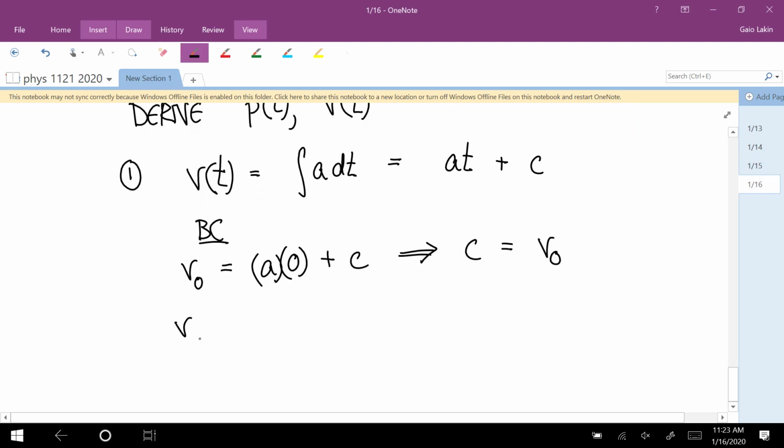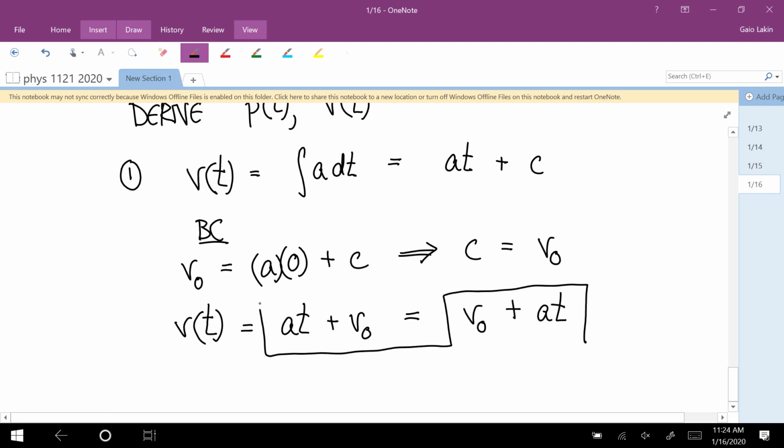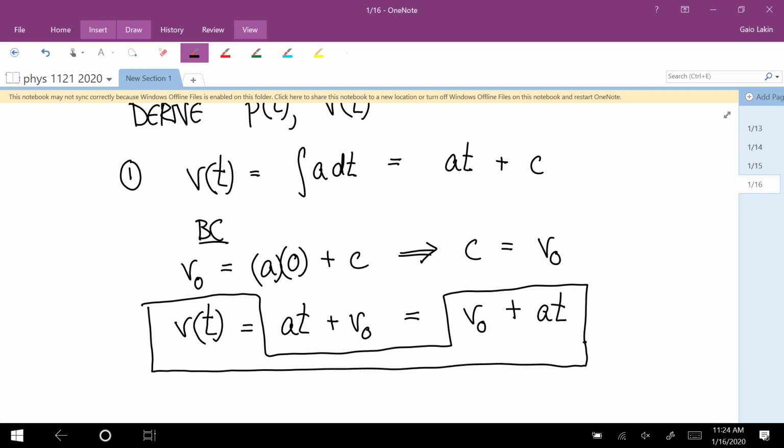And so velocity as a function of time is equal to at plus v0. Almost always when you see this, it's going to be written in the other order, so I'm just moving it around to match what you'll see. But there's our first equation for velocity as a function of time. That's only if you have a constant acceleration a.